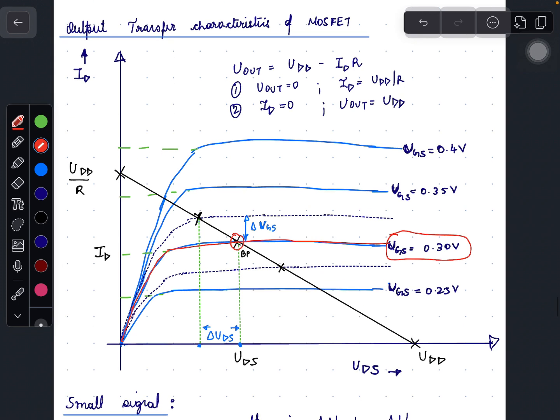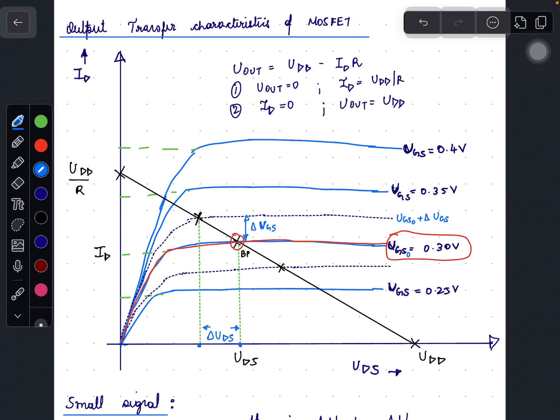And now when we apply a small change in input voltage, that is UGS, which is shown here, which equals UGS naught plus delta UGS. We get a new transfer characteristics plot of the MOSFET for UGS naught plus delta UGS.